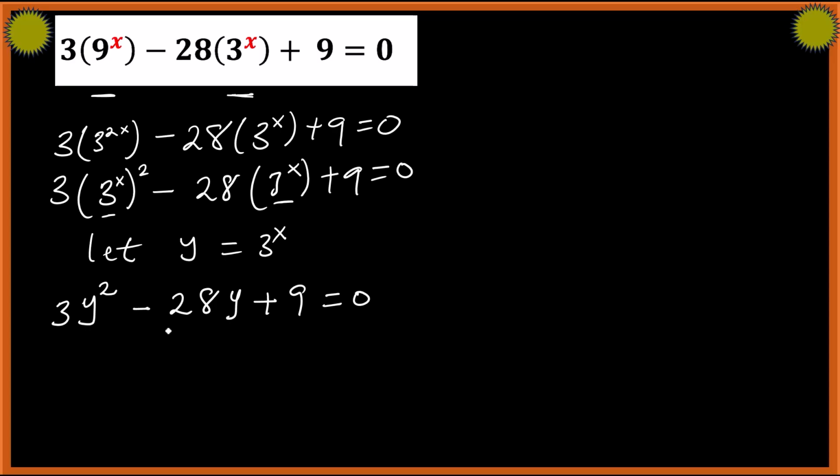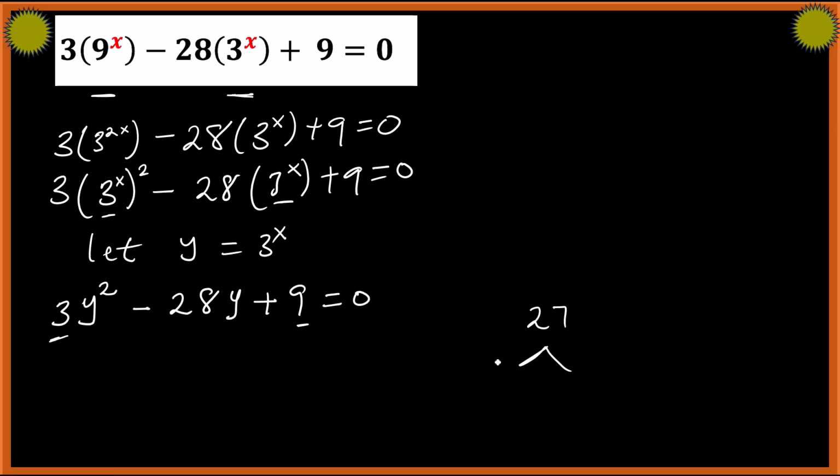So this one is a quadratic equation. Let's see if we can use the method of factorization here. I'll multiply 3 by the constant 9, so that will be 27. So let's find two numbers that multiply to give us 27, but add to give us negative 28.